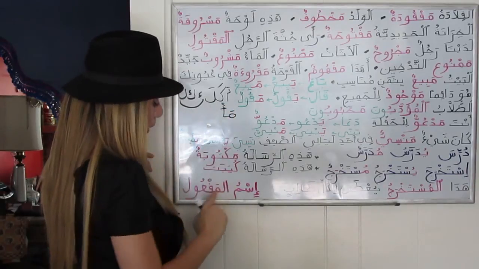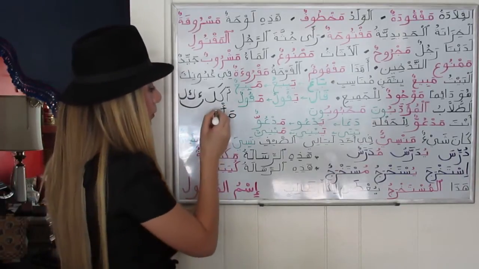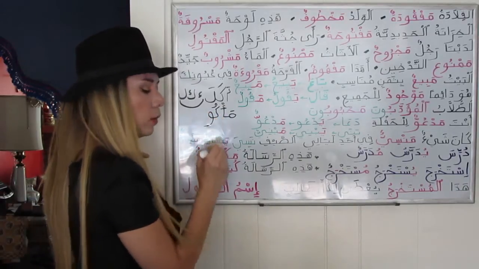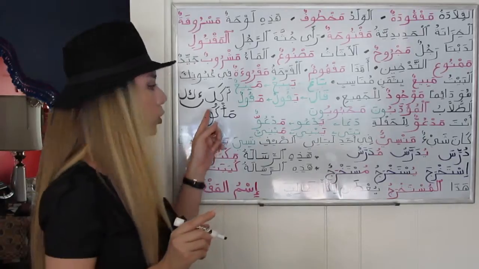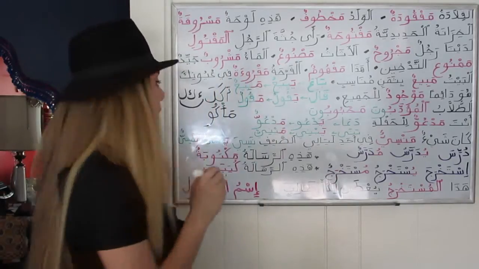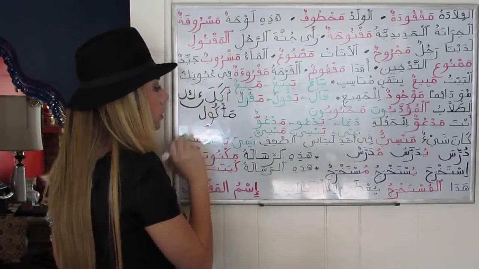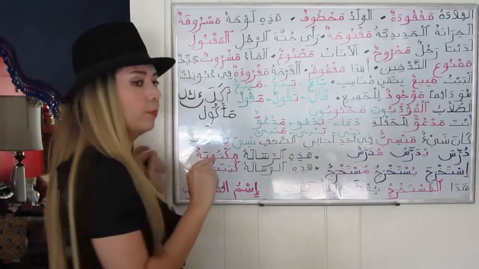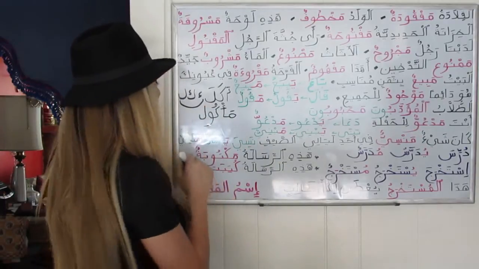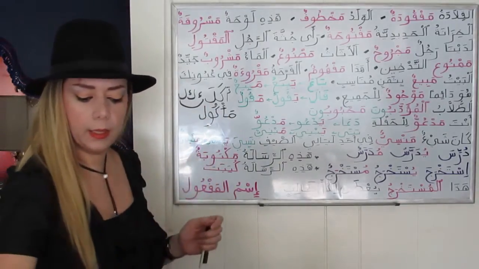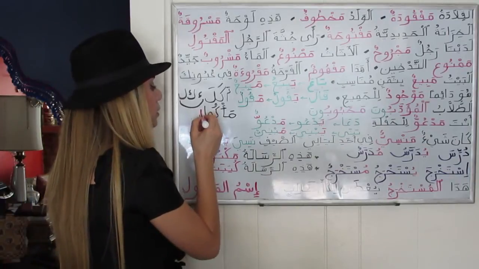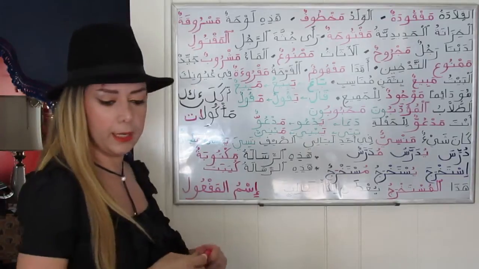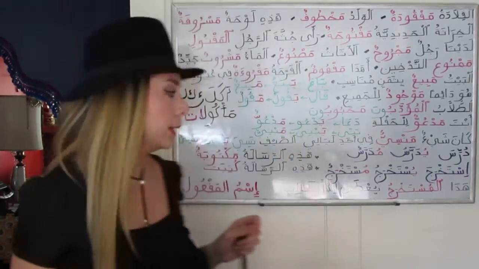Ma, and we have the kaf with the dhamma, ku, and the long vowel waw, matching the preceding dhamma. Ma'kulun, eaten. Alright? So the plural of ma'kul, eaten, مأكولات. We have just to add the alif and ta مفتوحة. مأكولات. Food.